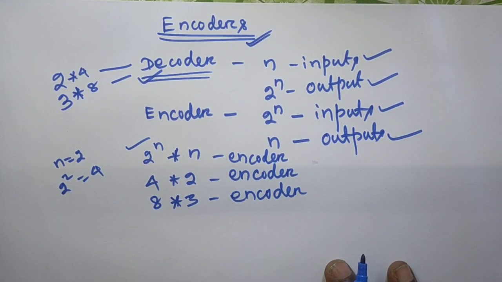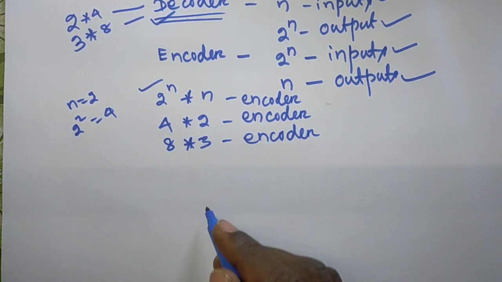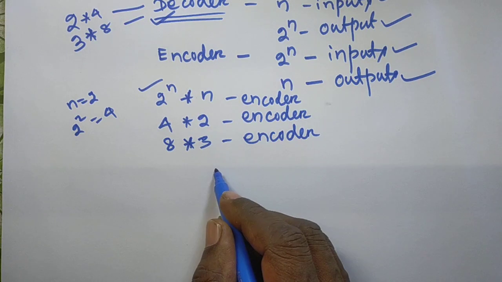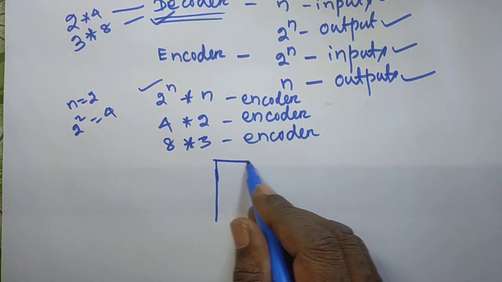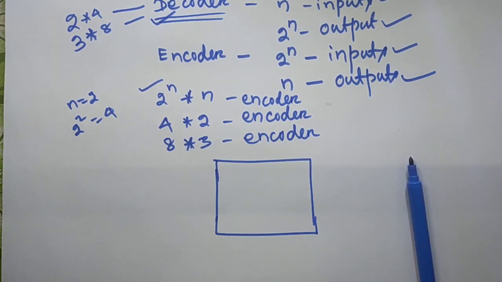Now we will construct how this encoder is built. In a very simple way, we consider a combinational circuit for the encoder.